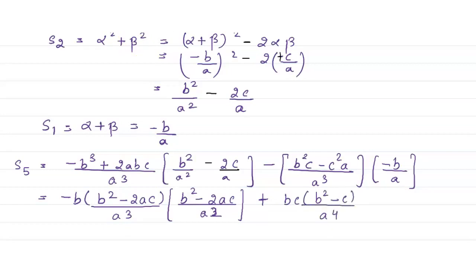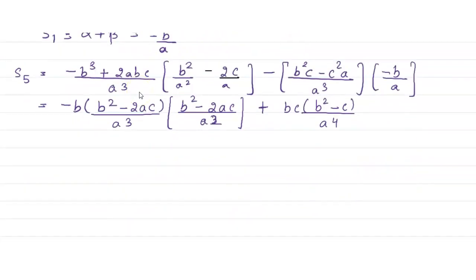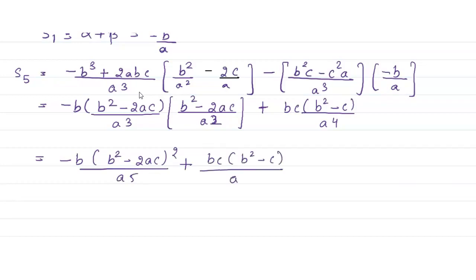Right, just solve it a little bit more and we will get our answer. b square minus 2ac whole square, divided by a5, plus bc b square minus c divided by a4, and this is our answer, the value of S5. Hence this was the solution. I hope the solution is clear to you.